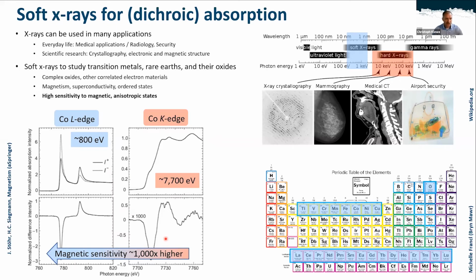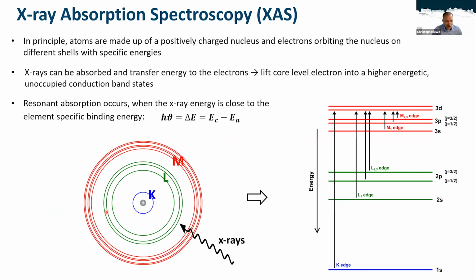Now, to understand where this magnetic information comes from when we use the soft X-rays, we have to take a closer look at the mechanisms of X-ray absorption. So, as you probably all know, electrons are essentially orbiting a nucleus on different shells with specific binding energies. And when we shine X-rays onto an atom, the X-rays can then be absorbed and transfer their energy to the electron.